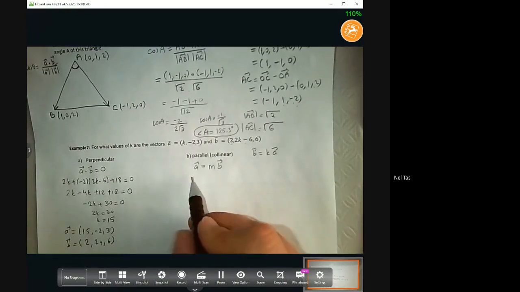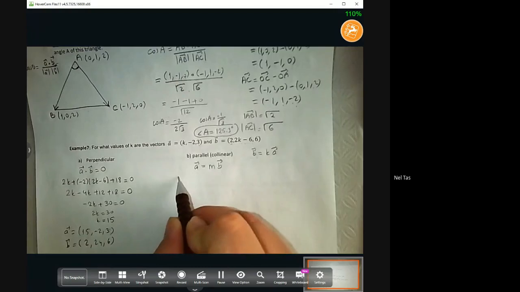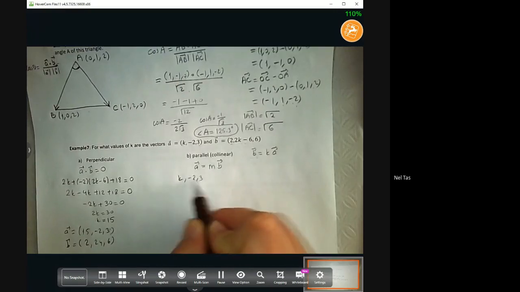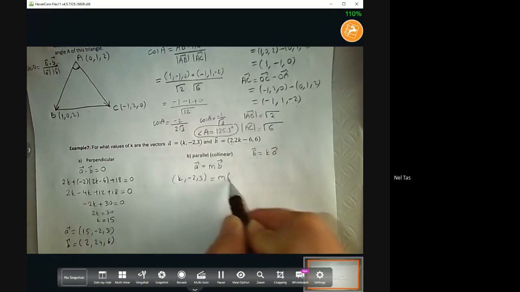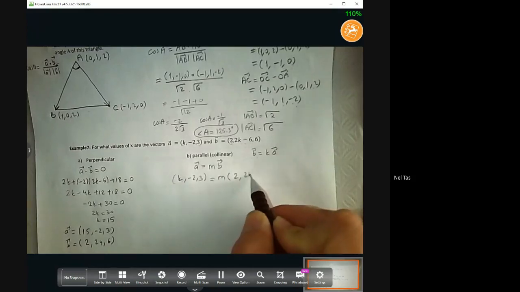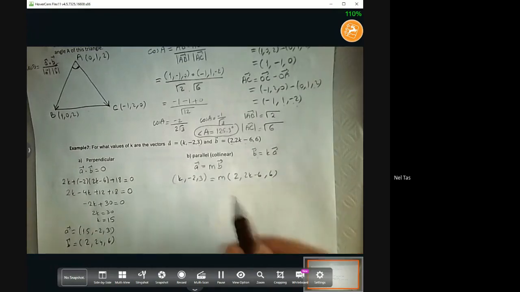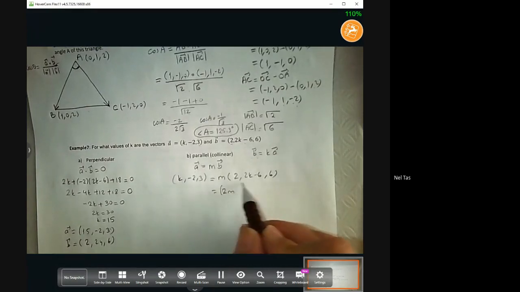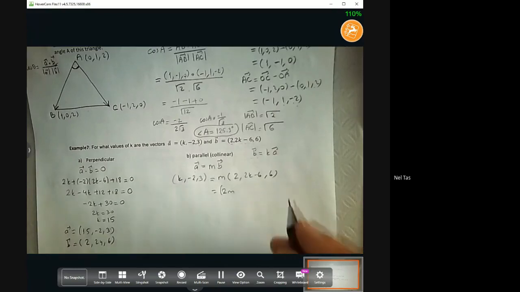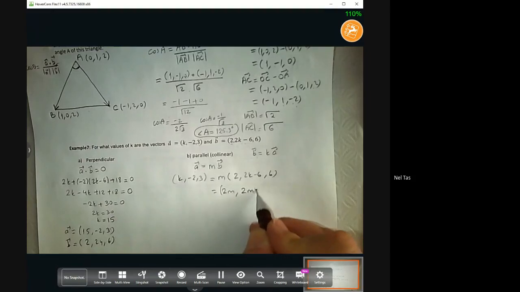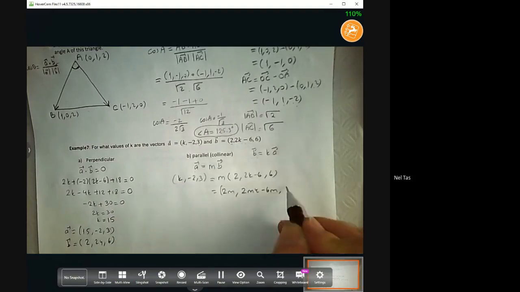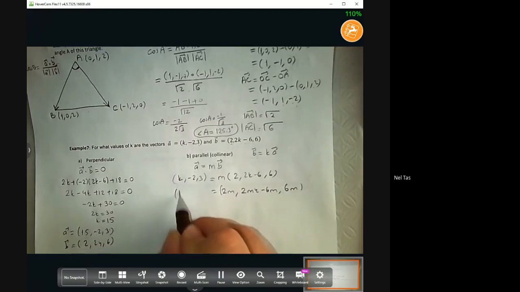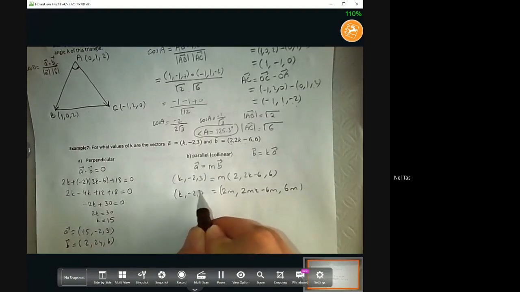It doesn't matter which one you start with, you will get the same answer. Then vector a is (k, -2, 3), and m times b is (2m, m(2k minus 6), 6m), and the left side is (k, -2, 3).